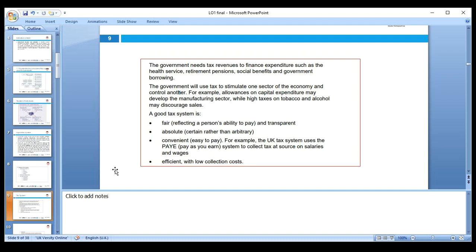So the government needs tax revenue that meets the needs while respecting personal ability. Certain rather than arbitrary, and convenient, easy to pay. And efficient, with a low collection cost. Because a high collection cost is a problem, we need to be careful right now.